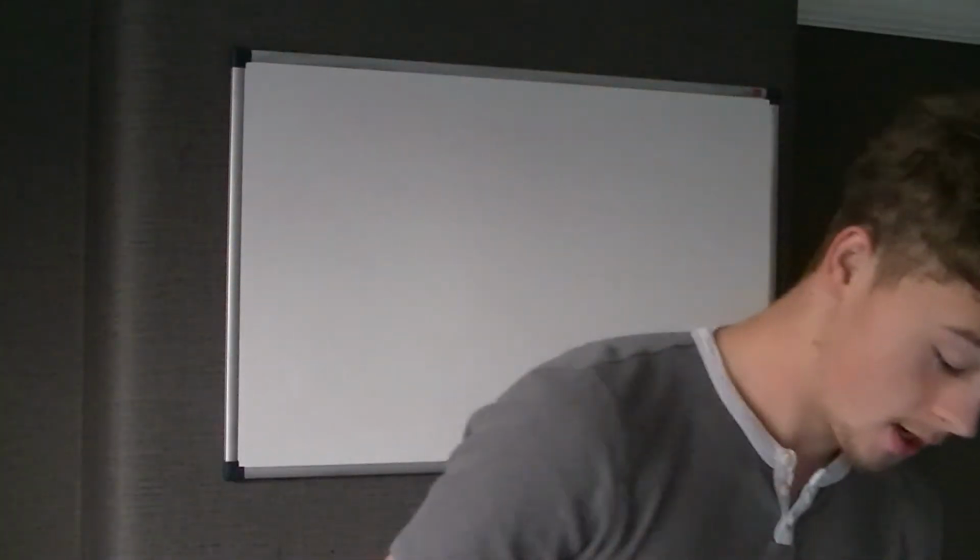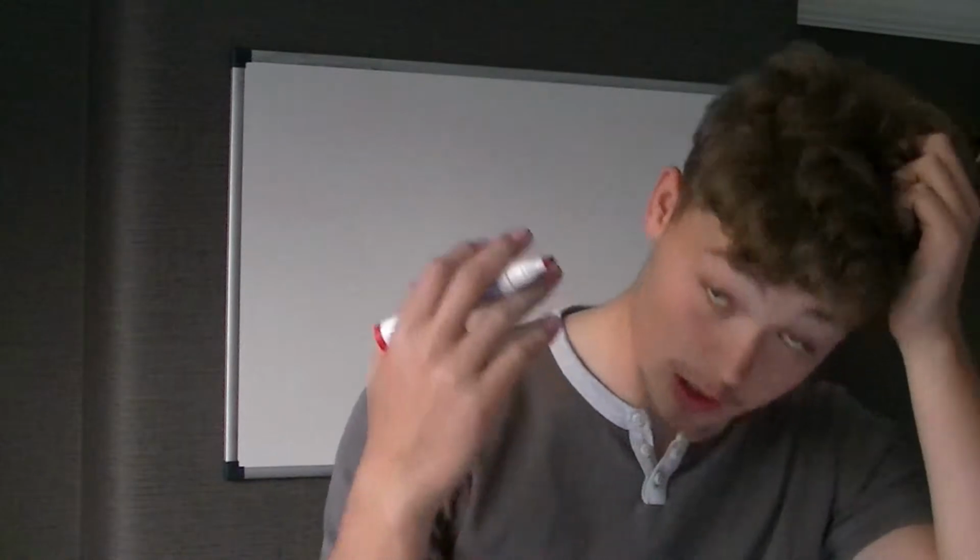So the agenda for this video: I'm just going to introduce something called derived demand and explain how that works in relation to labour, and why labour is a derived demand.